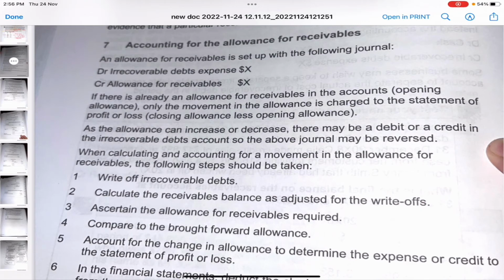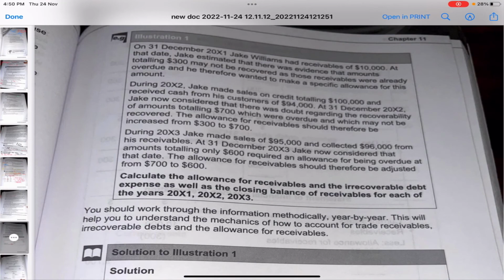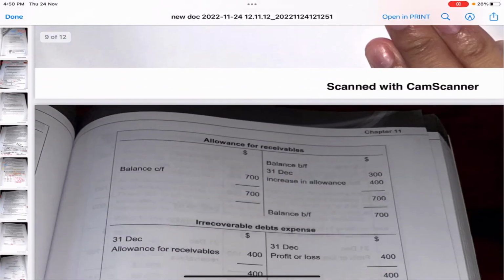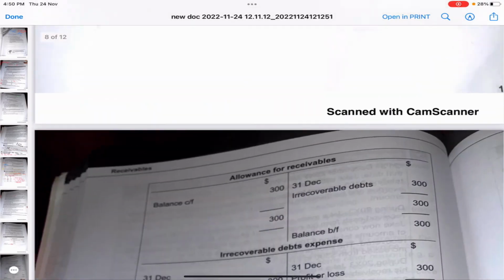So what do you understand by creating an allowance? So whenever we are supposed to create an allowance, this is what we are supposed to do. So again, allowances are credit in nature. Why are they credit in nature?